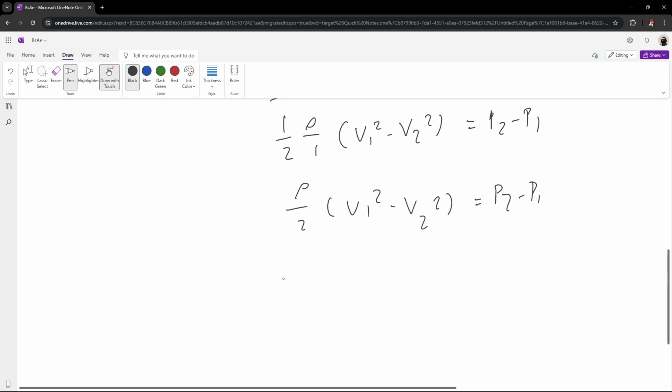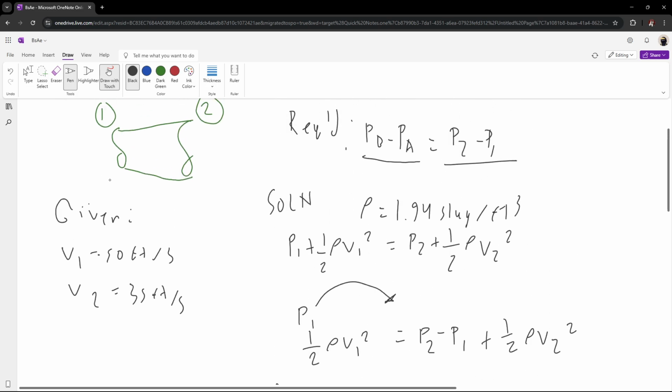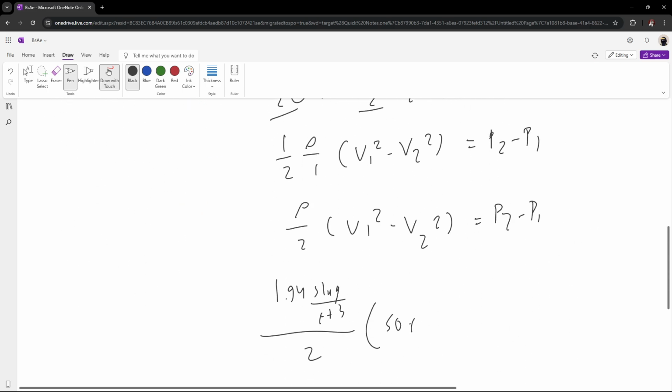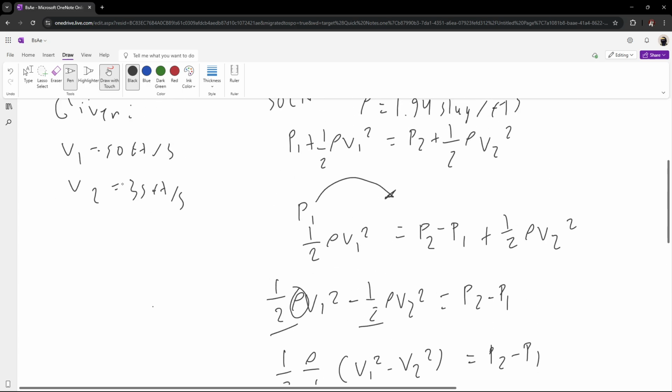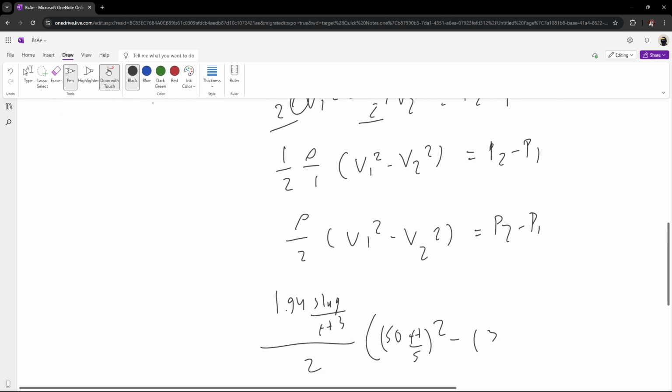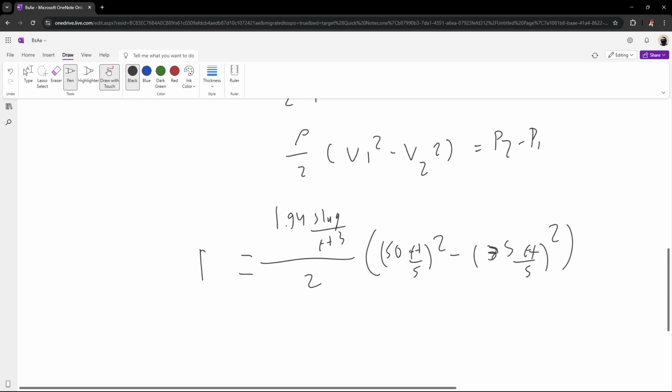Now, substituting in the formula the values, 1.94 slug per cubic foot over 2, and what is V1? 50 foot per second. 50 foot per second squared minus V2, which is 35 foot per second, squared. And this is equal to P2 minus P1.